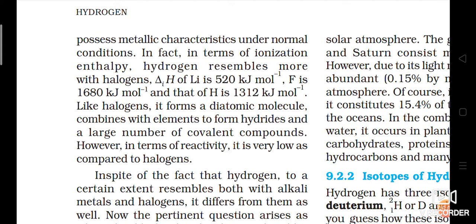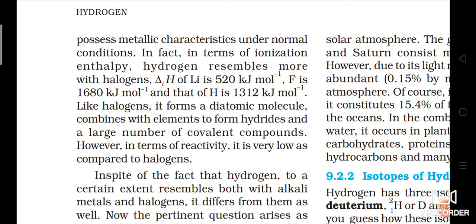In fact, in terms of ionization enthalpy, hydrogen resembles halogens more. Ionization enthalpy of lithium is 520 kilojoule per mole, fluorine is 1680 kilojoule per mole, and that of hydrogen is 1312 kilojoule per mole. This is an important point.